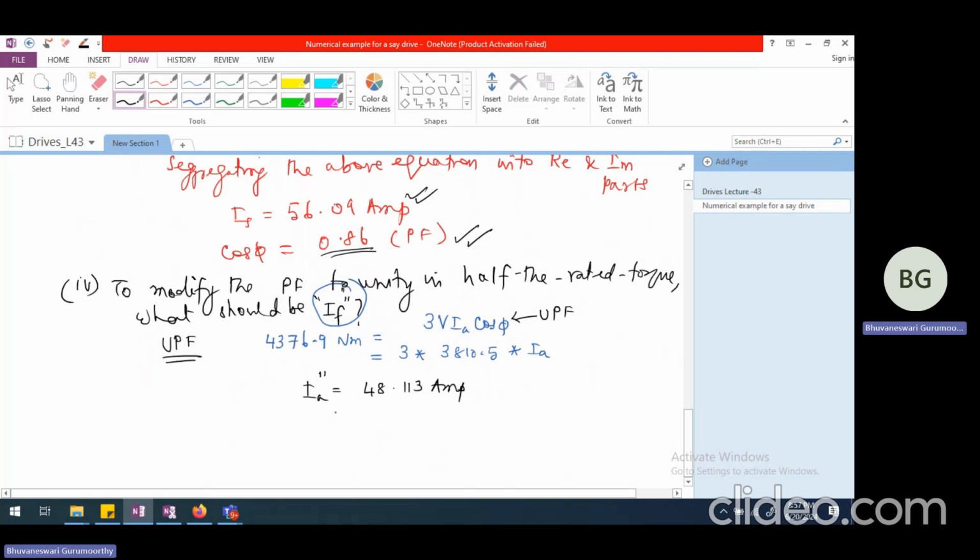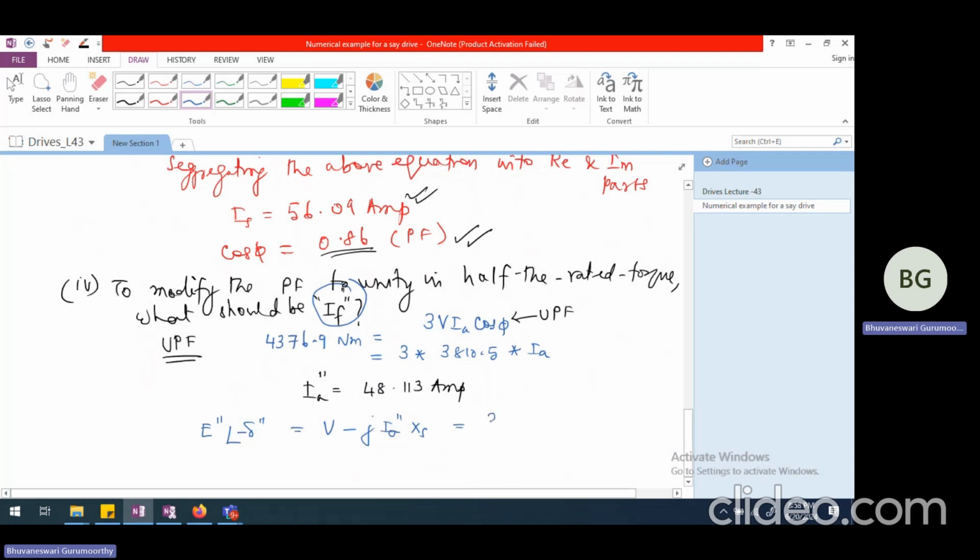So with this armature current, this is unity power factor current, so we should be able to calculate E2 dash angle minus delta 2 dash should be equal to V minus J IA2 dash X.